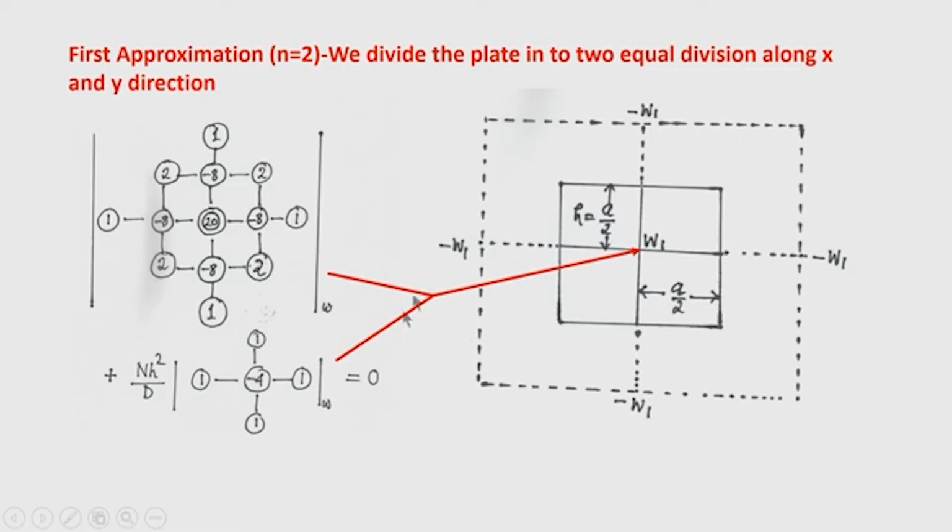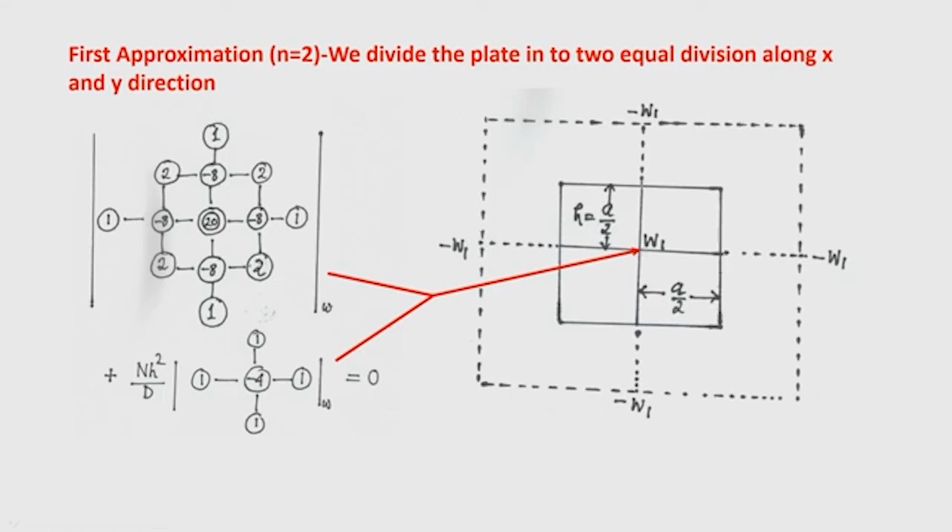Okay. So, now placing this finite difference term, this is for plate bending and this is for the axial compression terms. Okay. So, if you place this stencil here, this node 20 should be placed here, this double circle should be placed here.